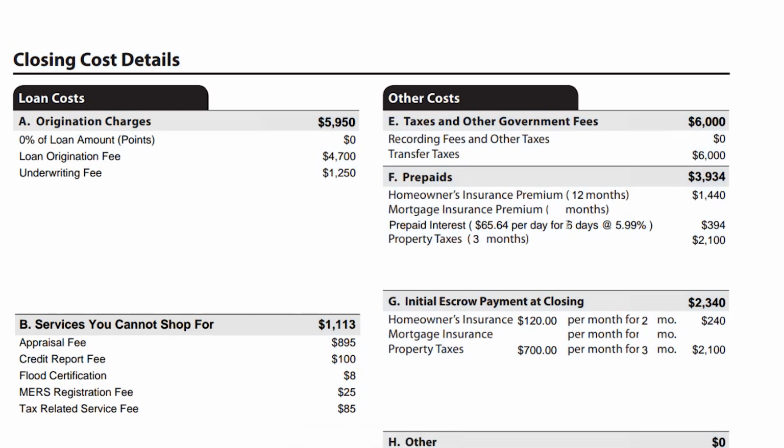Usually, if you close 6 days before the end of the month, this is when it shows up for the remaining 6 days of the month, and then it starts on the calendar month basis. That's why they always adjust it to the end of the month. And then property taxes. If the county charges you $2,100 for a quarter, then the bank will collect this money. Title company will collect this money on bank's behalf and will pay this to your county.